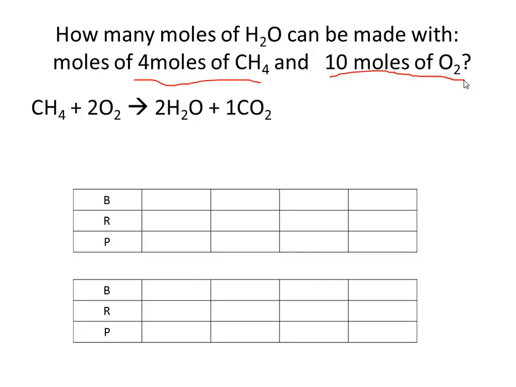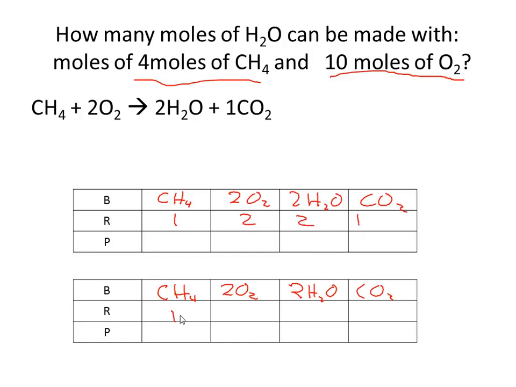We fill this in: CH4, 2O2, 2H2O, CO2. Got to do this twice. My ratio is going to be the same, 1, 2, 2, 1. Same reaction, but different amounts.